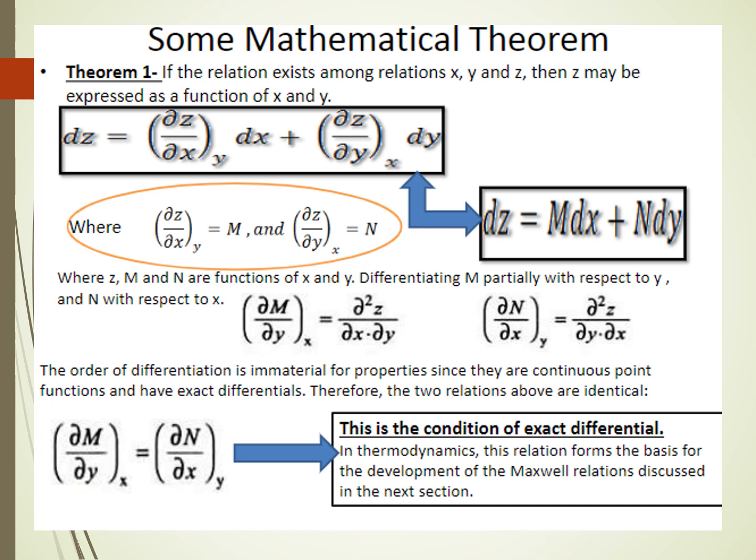Differentiating N with respect to x, we get dou N by dou x at constant y is equal to dou square z by dou y dou x. Since both are the same, we say dou M by dou y at constant x equals dou N by dou x at constant y. This form is known as the condition of an exact differential equation. In thermodynamics, this relation forms the basis for the development of Maxwell relations discussed in the next session.